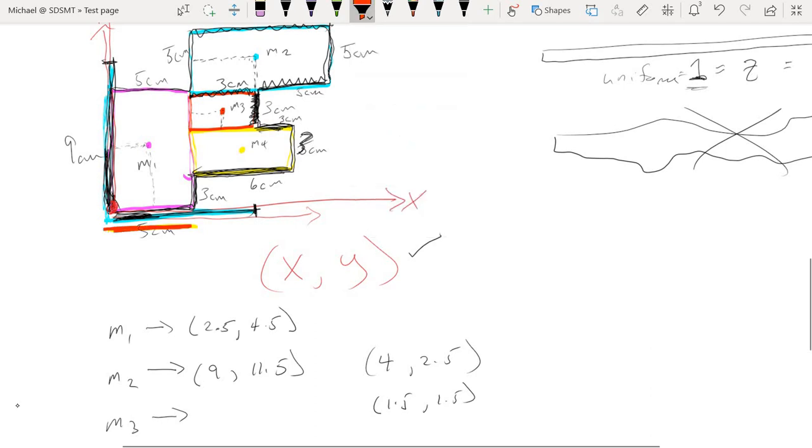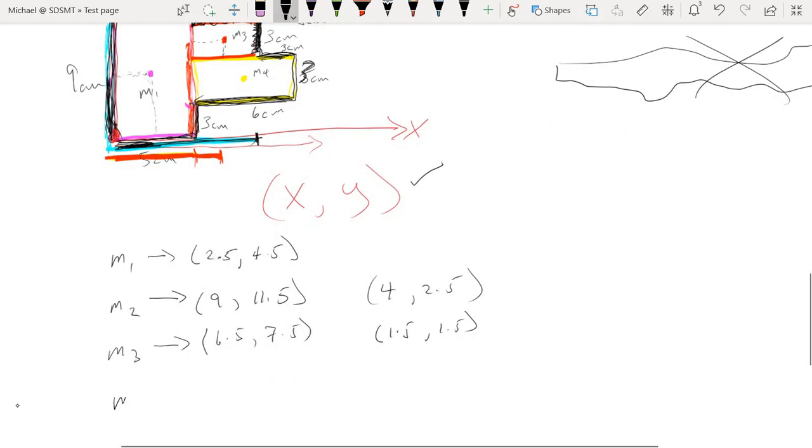So I come out 5 centimeters plus an extra 1.5, 6.5. And then we have to travel up 3 centimeters, another 3 centimeters, and then 1.5 centimeters, 7.5.